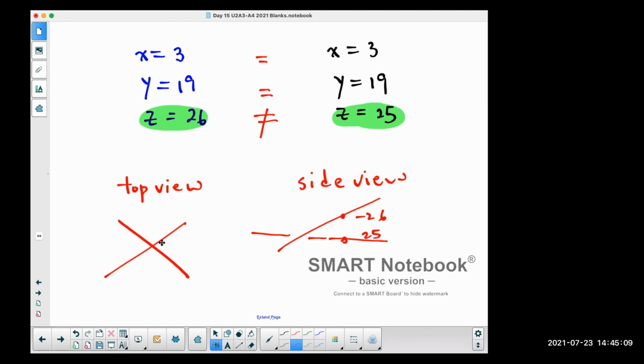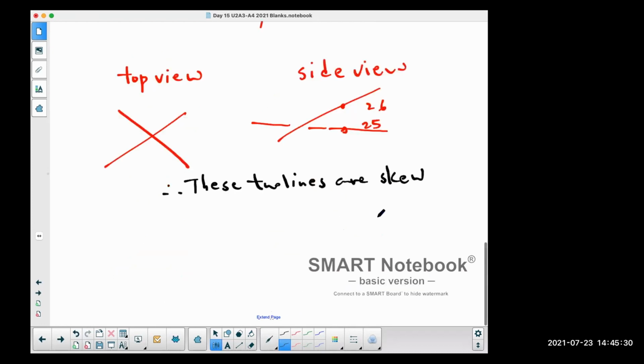So if you look at the top, they may seem to overlap, but from the side, they are not touching. One of the coordinates is not the same. Therefore, these two lines are skew, and they are not going to have a point of intersection.